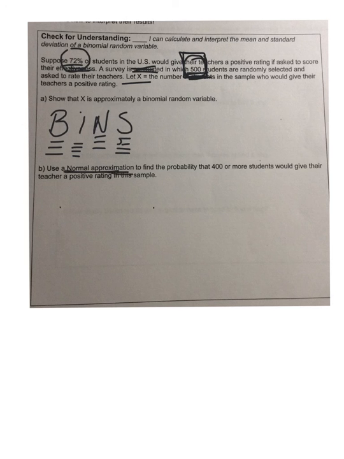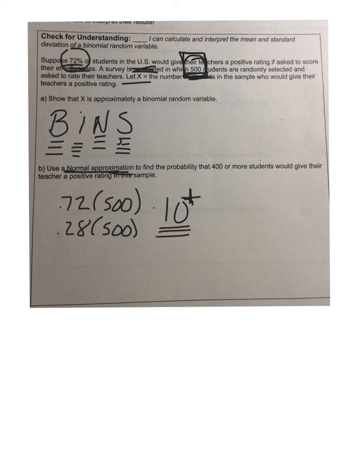Well, 0.72 times 500 and also 0.28 times 500. Are they both bigger than 10? Yes, they're both bigger than 10 if you do that. So that means that we can use the normal approximation. So that's the way our data would look like.